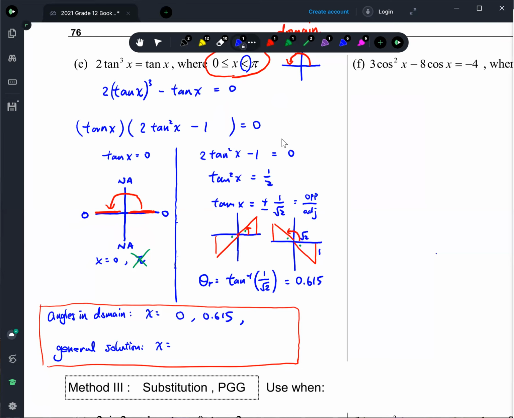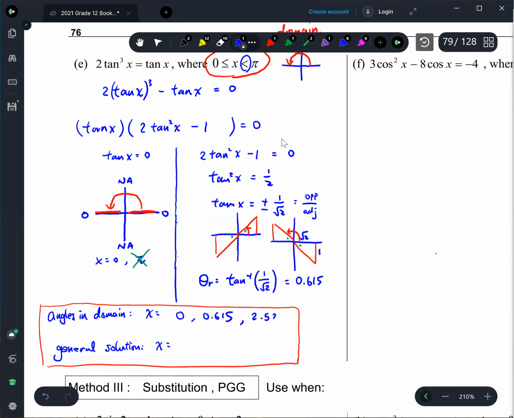From pi, you have to use radian. So that's like 2.7 something. No, not 2.7. 2.525. Okay. If you round it, it should be 2.526. Okay, so we have 3 answers that fit inside the domain.